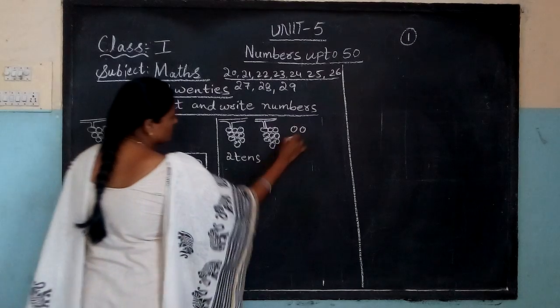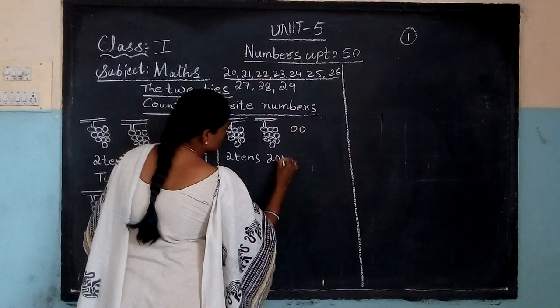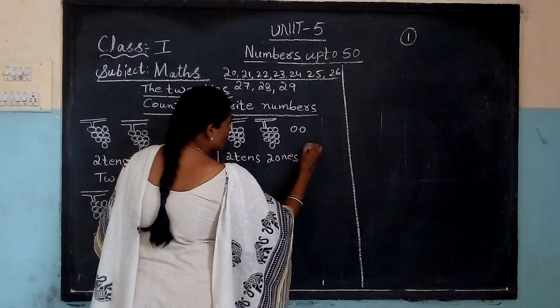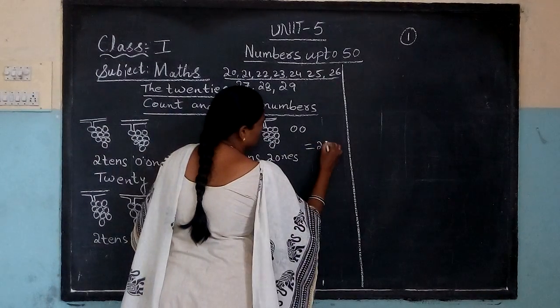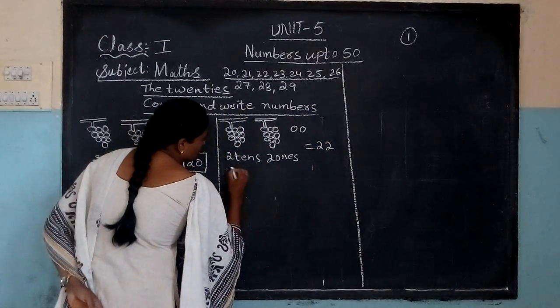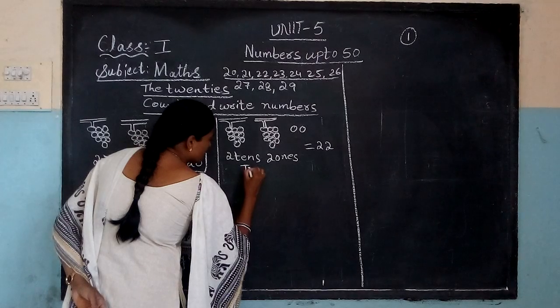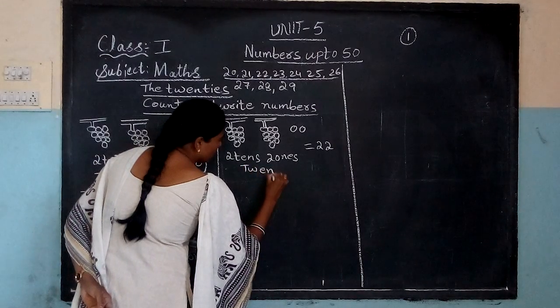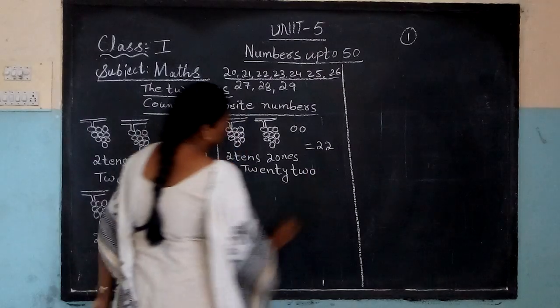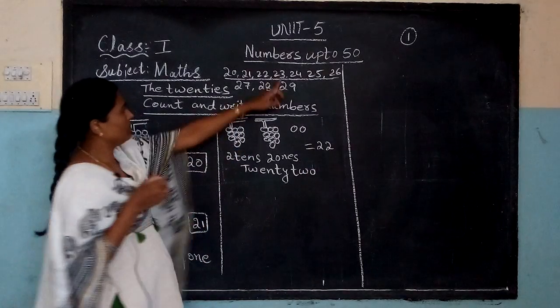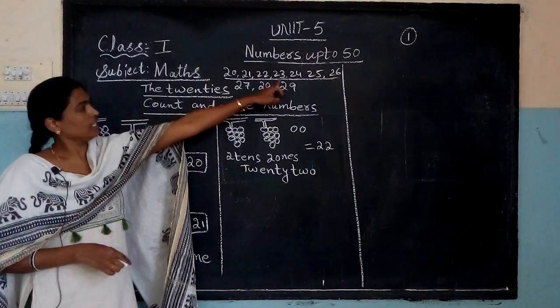How many singles are there? 2 ones. What number did it become? 22. Number name of 22. TWENTY, 20. TWO, 22.